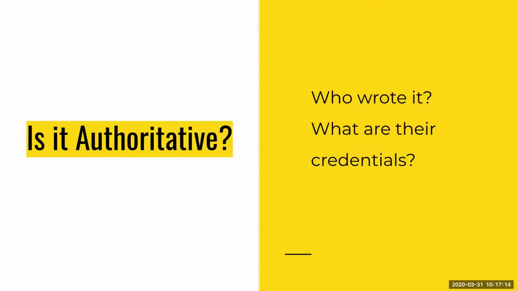What are their credentials, right? What makes them able to talk about this in a professional, profound way that somebody else who's not educated in that area cannot? So if we're looking at an article about abortion, right? Who wrote it is going to tell us a lot about whether we can trust this information or not.